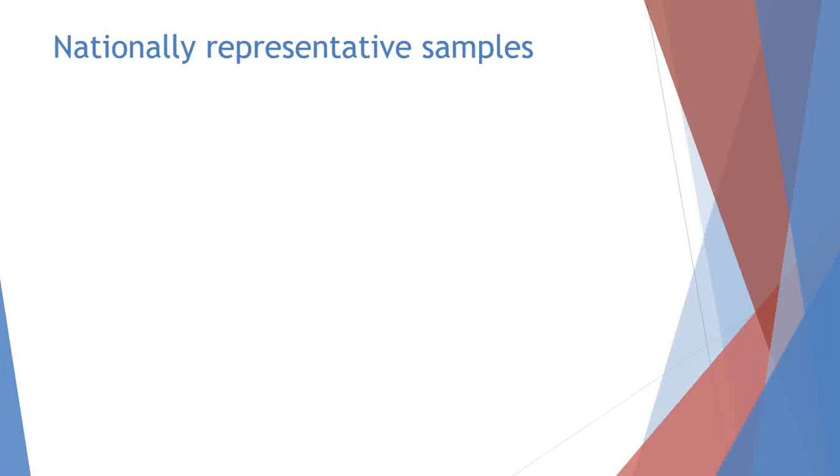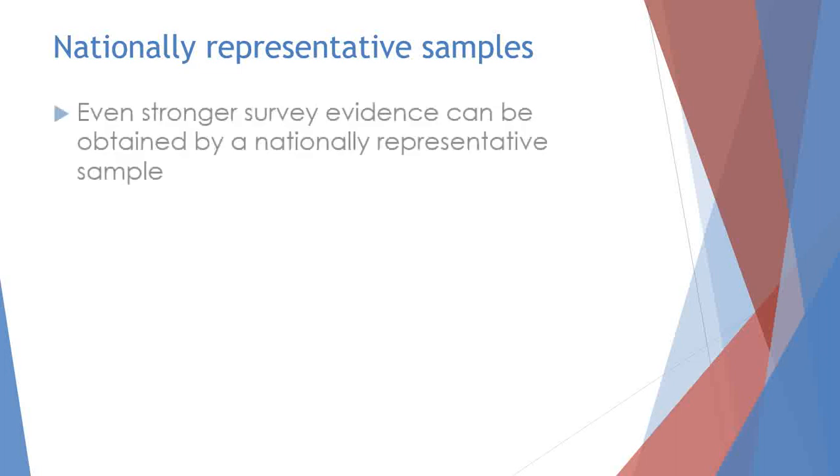Another thing that is particularly important when you have a higher threshold of evidence is using nationally representative samples. Even stronger evidence can be obtained from a nationally representative sample than a local community sample.